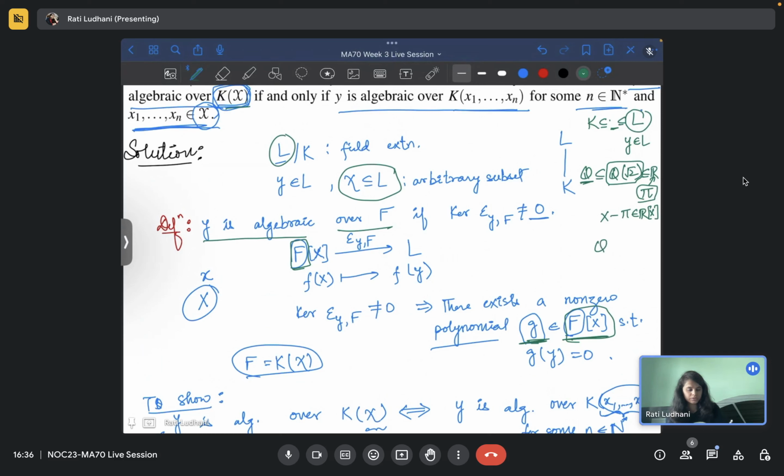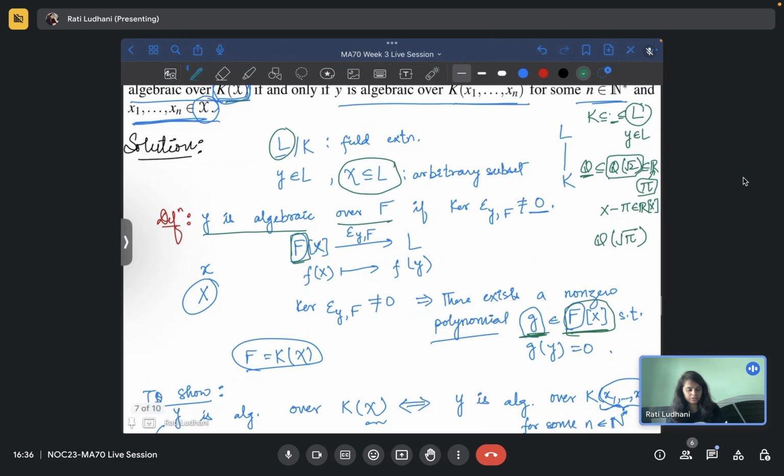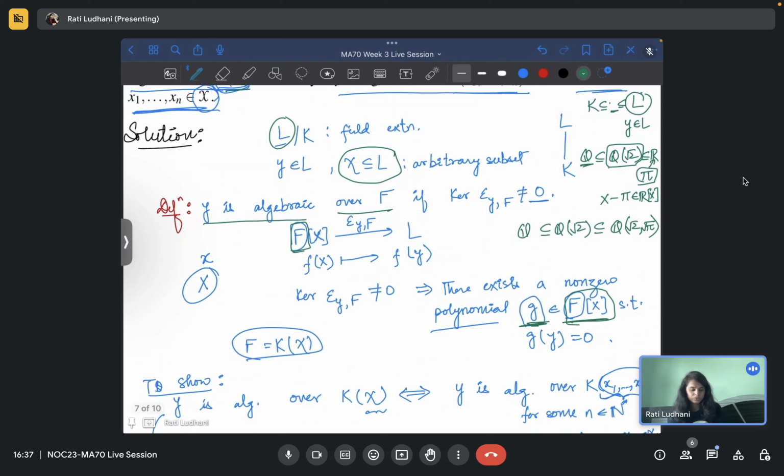For example, you can even take root pi. I can take Q(root 2), and Q(root 2, root pi). Even I can take this. So you know that pi is algebraic because now you can define this root pi.